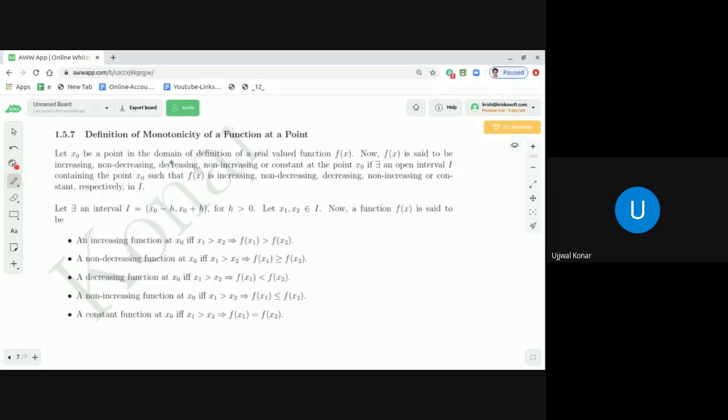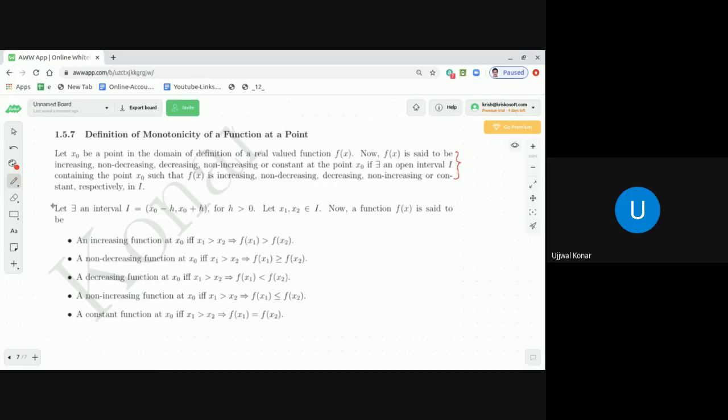Now, f(x) is said to be increasing, non-decreasing, decreasing, non-increasing, or constant at the point x0 if there exists an open interval I containing the point x0 such that f(x) is increasing, non-decreasing, decreasing, non-increasing, or constant respectively in that open interval I. So whatever statements I have mentioned just now, dear students, let's give a mathematical formulation.